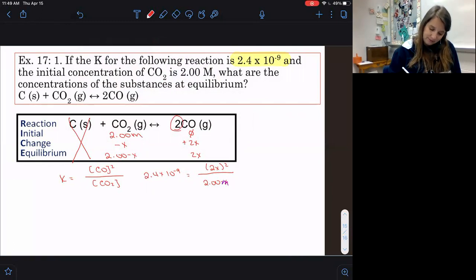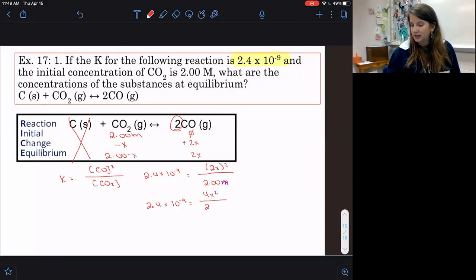So that means that I have 2.4 times 10 to the negative 9, and that equals 4x squared. I'm going to distribute that square to everything in the parentheses over 2. So I'm going to take 2 times my 2.4 times 10 to the negative 9, and that's going to equal 4.8 times 10 to the negative 9 equals 4x squared.